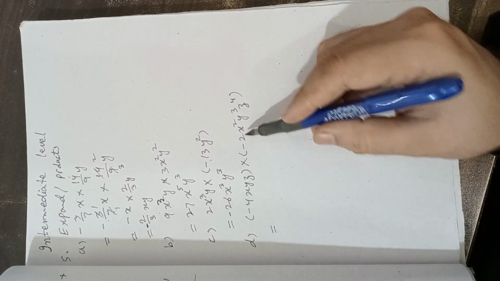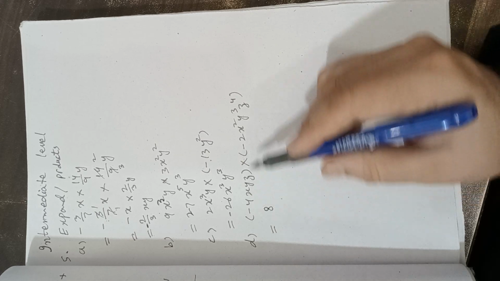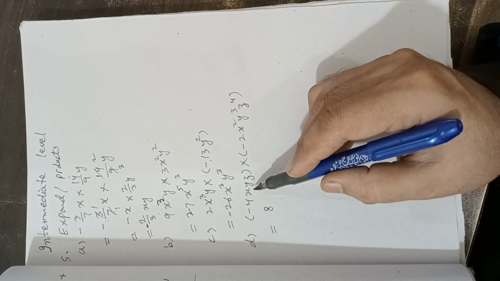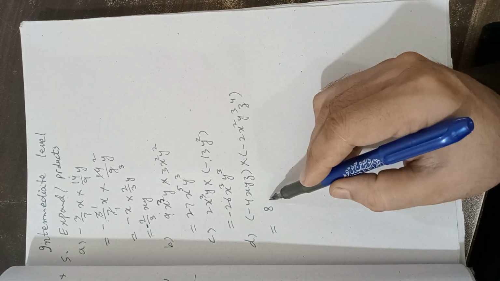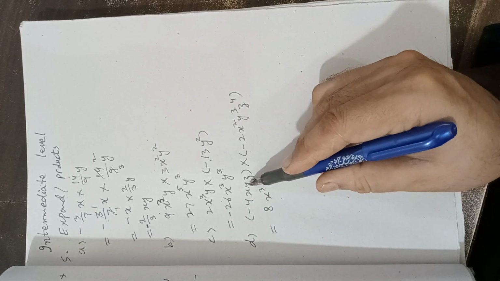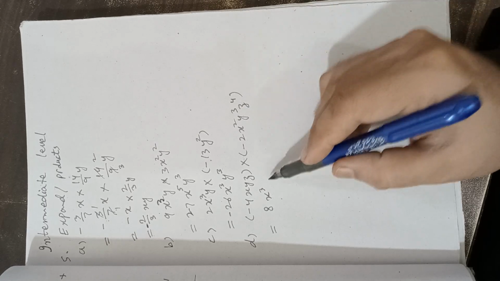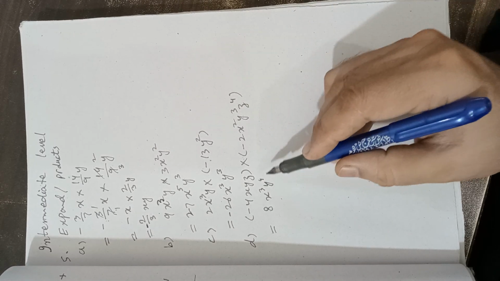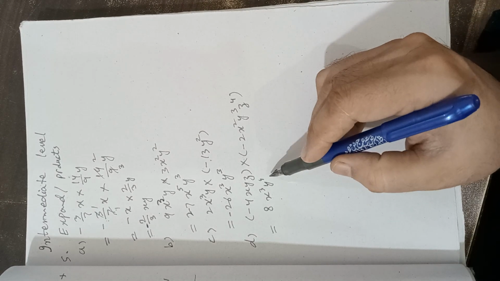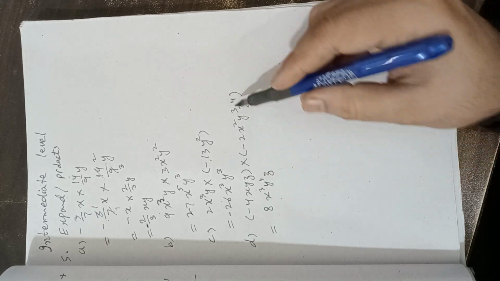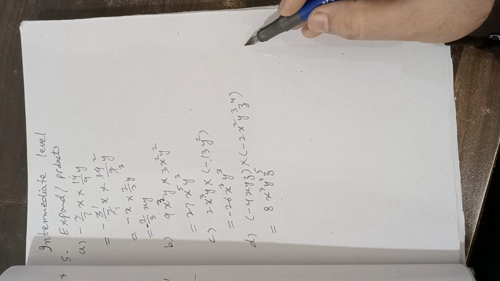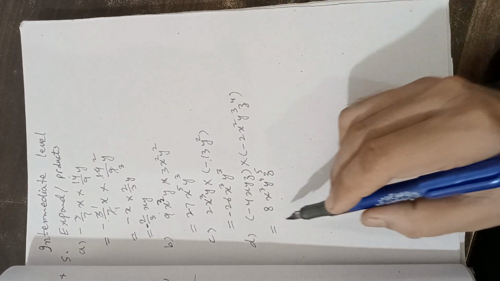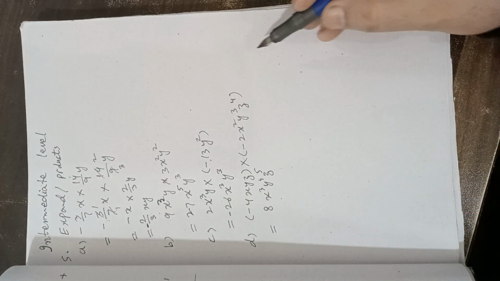Then 4 2s are 8, minus and minus is plus, we will not write the plus sign. x degree 1 and x degree 2 makes x degree 3, y degree 1 and y degree 3 makes y degree 4, z degree 1 and z degree 4 makes z degree 5. So this is our answer.